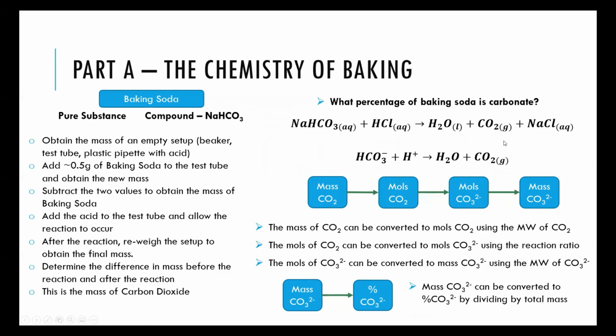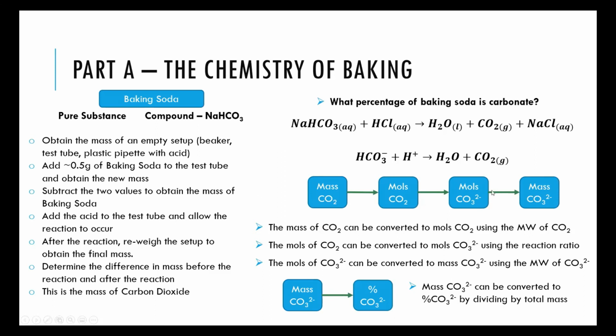From this chemical equation, you can see 1 carbon dioxide is to 1 bicarbonate. It is a 1-to-1 ratio. Every 1 bicarbonate will produce 1 carbon dioxide. So that means the moles of carbon dioxide that you find by weighing the setup before and after are equal to the moles of carbonate.